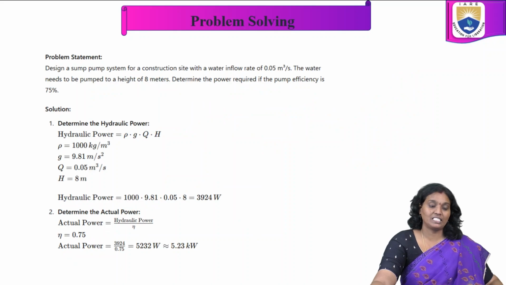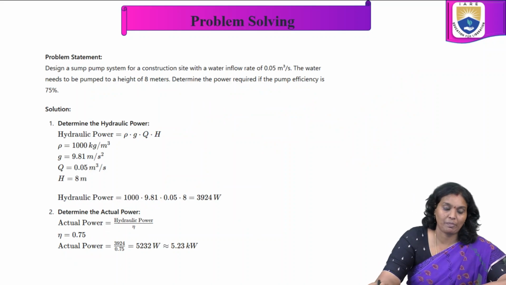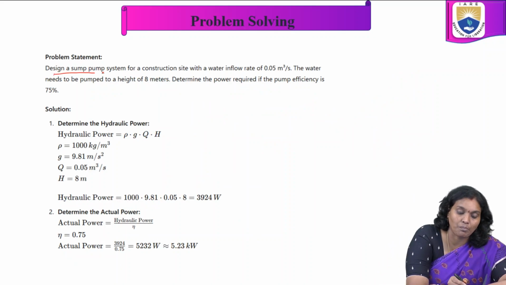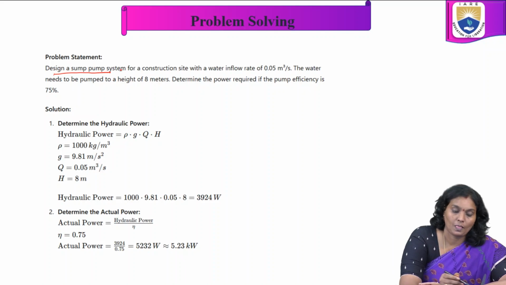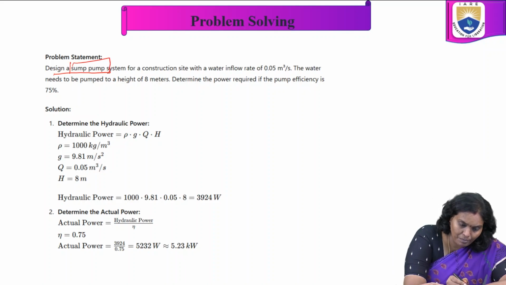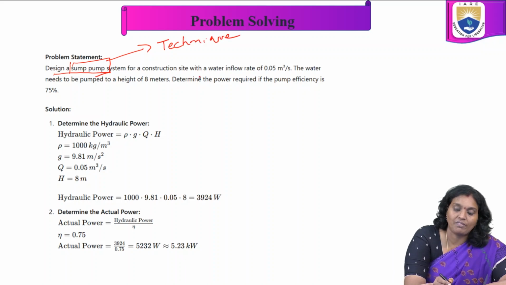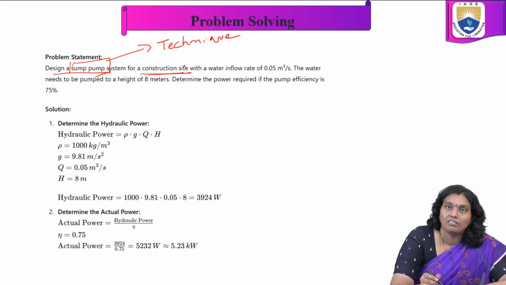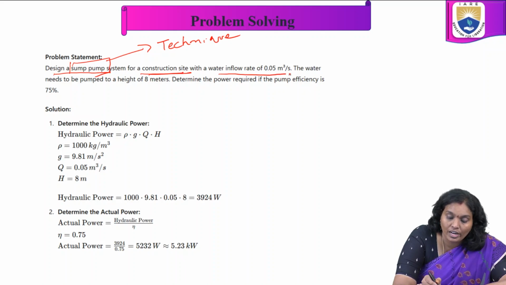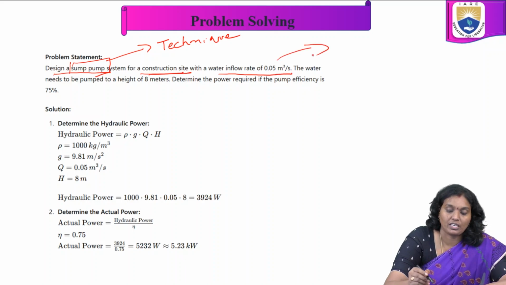And also we will see another kind of problem statement, that is, design a sump pump. Design a sump pump system, it is a technique. This is a technique. System for a construction site with a water inflow rate of 0.05 meter cube per second.